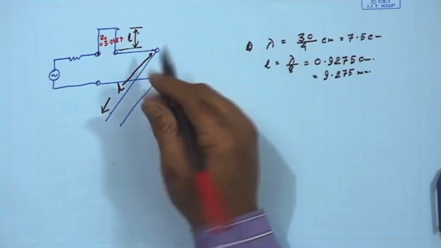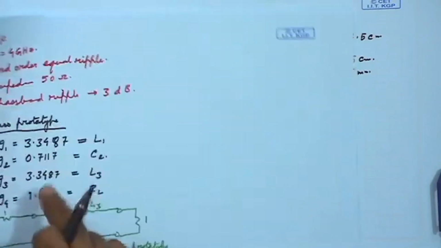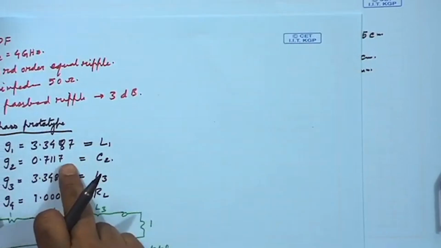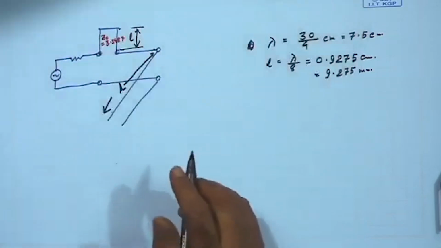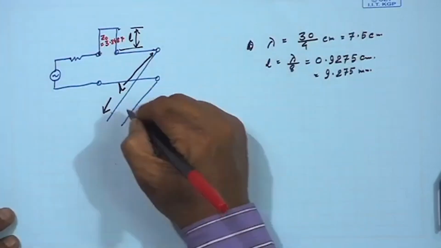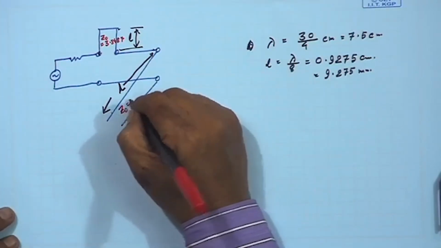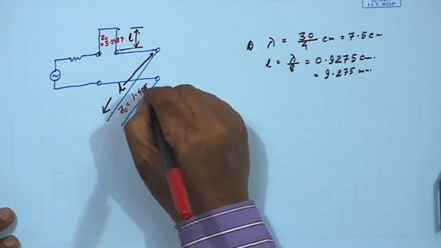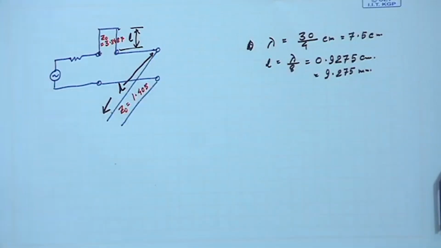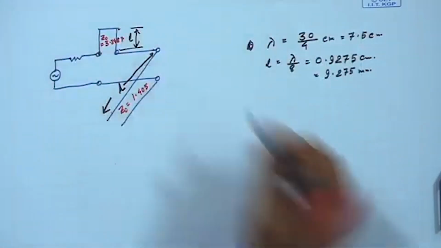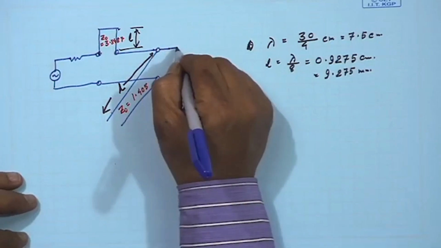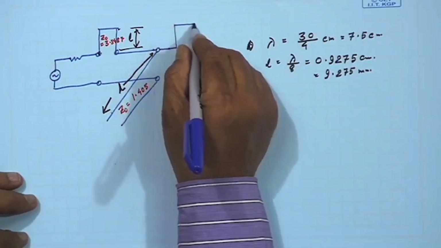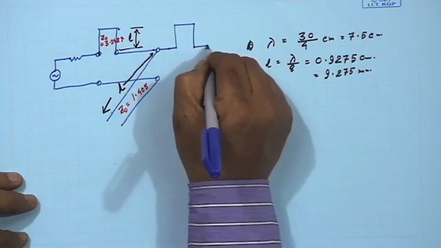And what is the characteristic impedance of this? C2, this is G2, the C2 value is 0.7117, we will have to take the inverse of that. So, that will become Z naught is 1.405. After C2, I have a series stub. So, we will have a series stub and then shorted because it is an inductance.